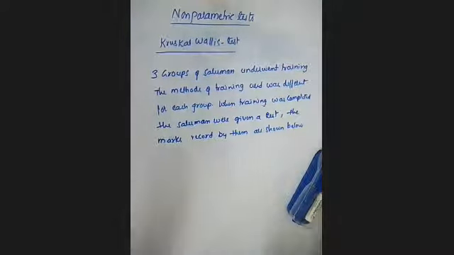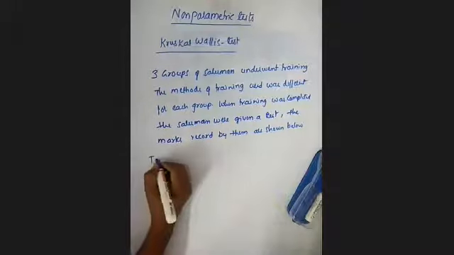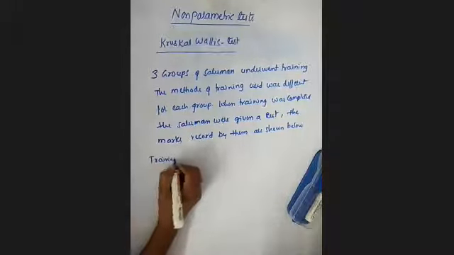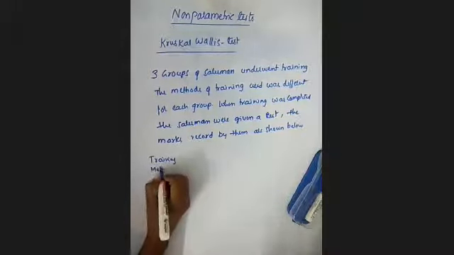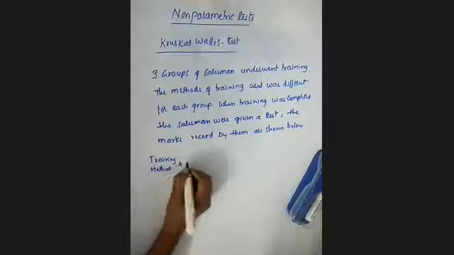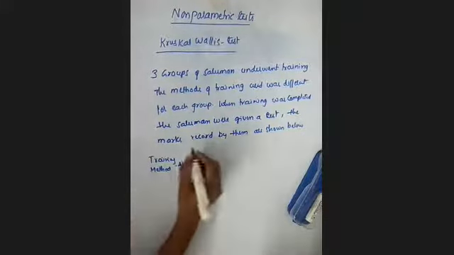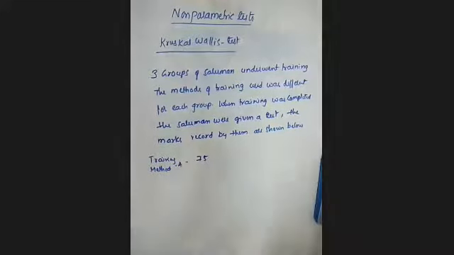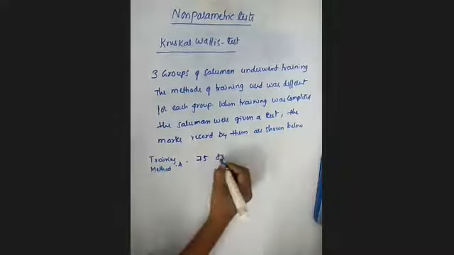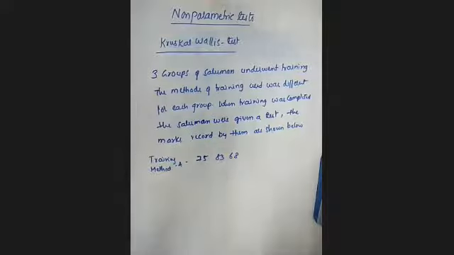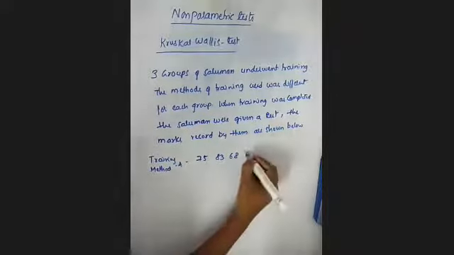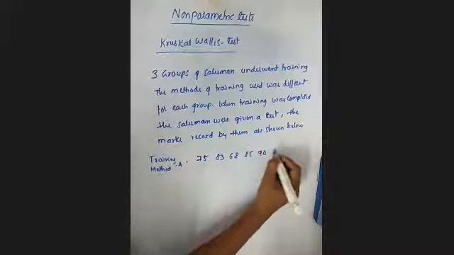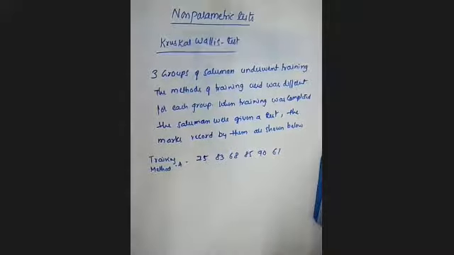First is training method A. For training method A, the marks are 75, 83, 68, 85, 90 and 61.